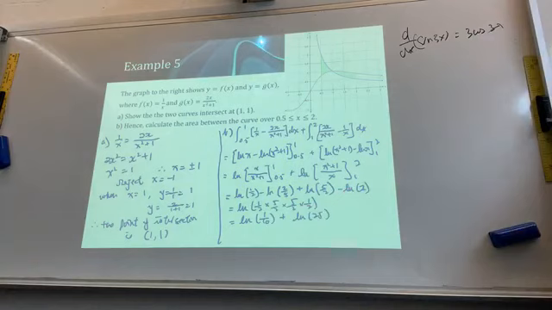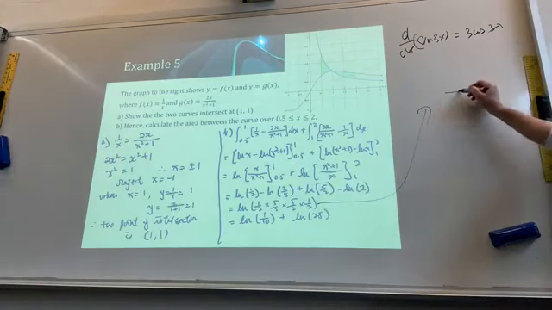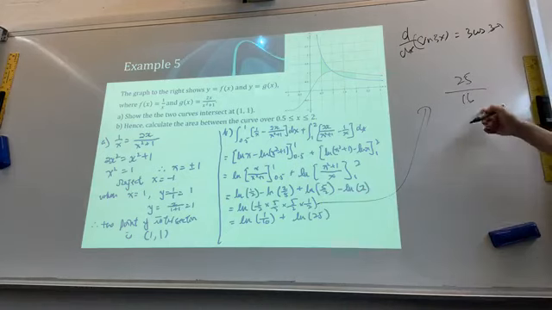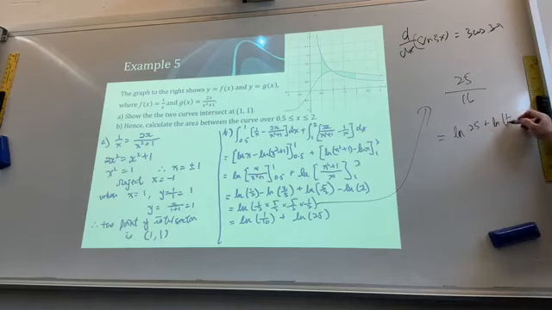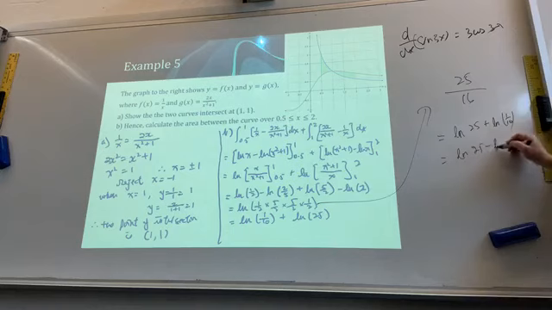Now, the reason I do this is I want to make it a little bit neater. Here, you actually have 25 over 16. So therefore, this is log of 25 plus log of 1 over 16, or you can do log of 25 minus log of 16.